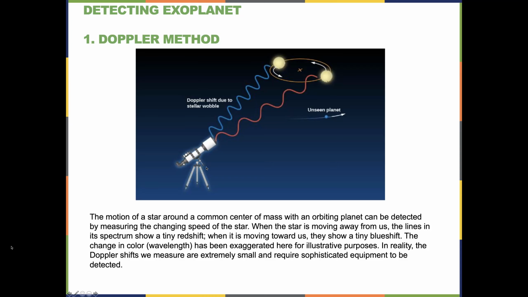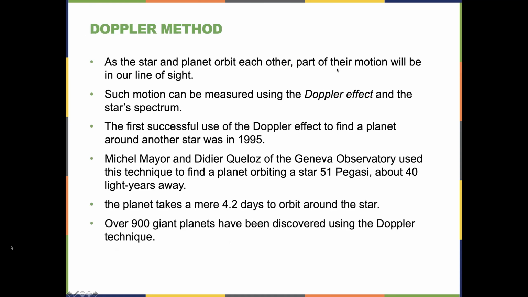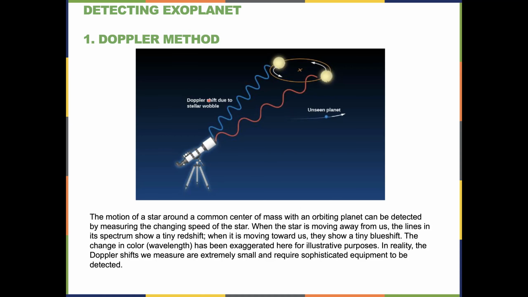As you see from here, it's a simple mechanism. When a star goes away from you, the light that reaches us will be redshifted. And when the star is moving towards us, the light that reaches us will be blueshifted, right?